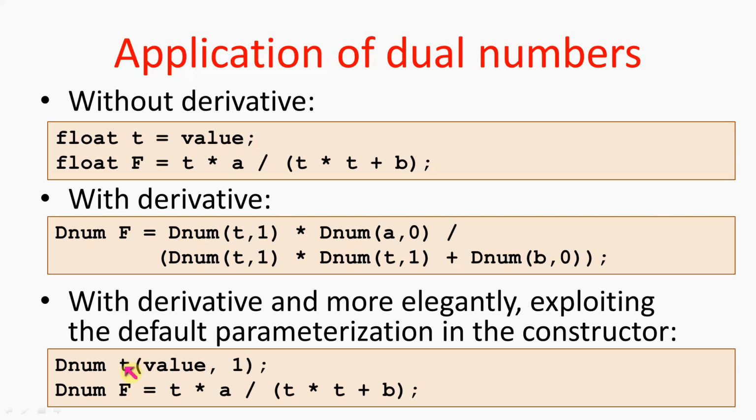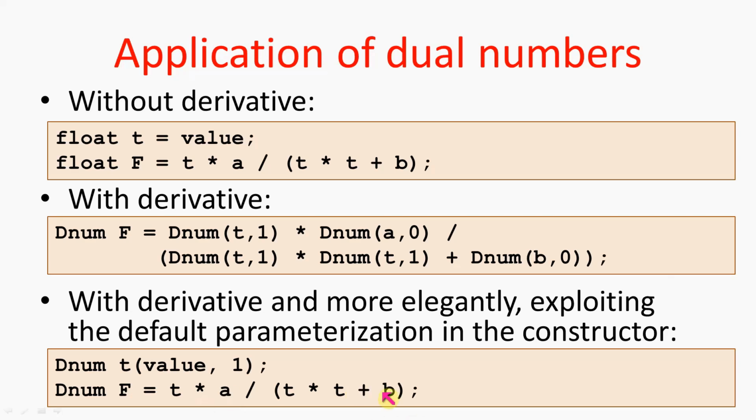So t is a dual number because we will derivate with it. The value of t is the value, and t is the derivation variable, so its derivative is 1. Then I just copy the expression without any modification here, because from A, C++ will automatically generate a dual number using the constructor function equipped with 0 default input parameter.